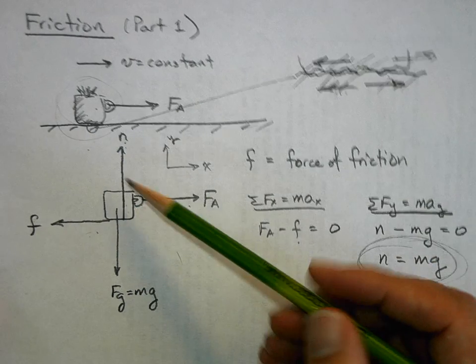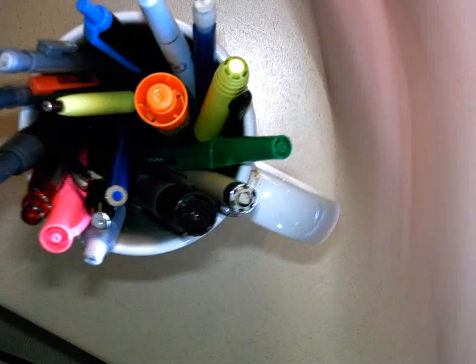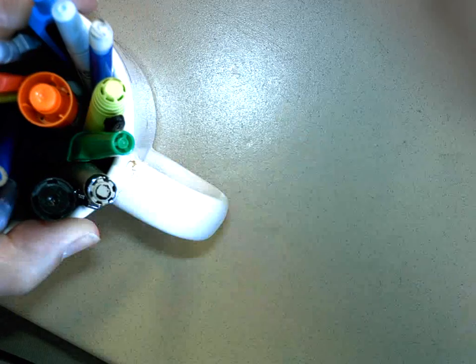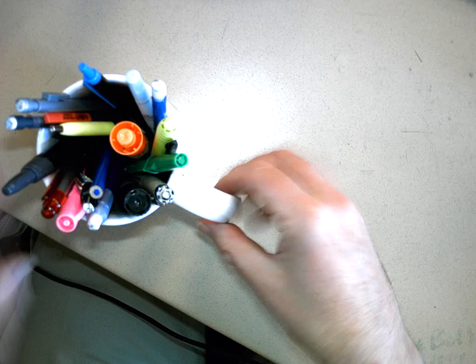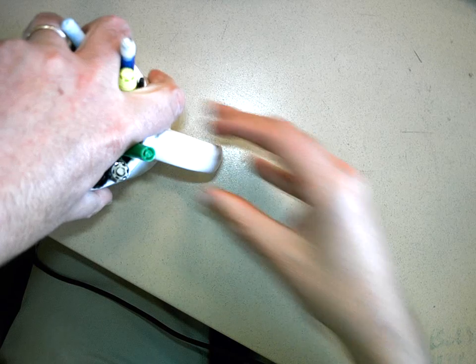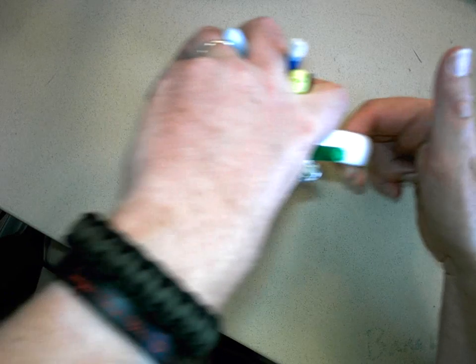If I were to take this coffee mug and push it down to the table really hard and try to drag it across, I'm not just going to pull it like this, because that's pretty easy, but I'm going to push down on it now. And now I'm going to pull it across. Oh my God, it's so hard.